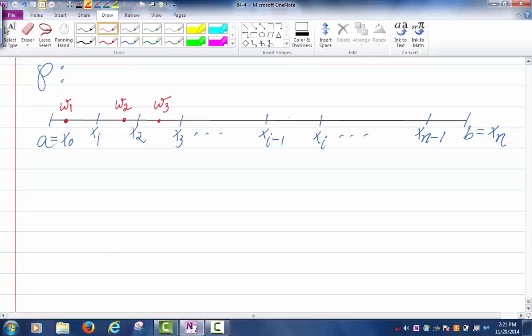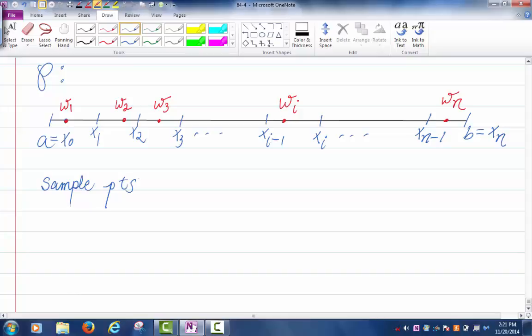In the ith subinterval, I'm going to pick a point and denote it by Wi. So the index tells you which subinterval it is coming from. And the last one I'm going to pick from the last subinterval. So in each subinterval, I am picking a point, and these are called sample points.